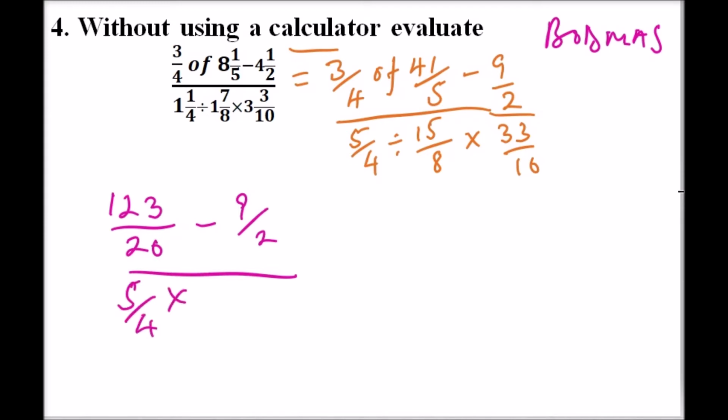You multiply because of division, so we have 8 divided by 15, and you multiply by 33 divided by 10, which we can simplify here. We can divide by 4: 1, and by 4: 2. Then you can divide by 5: here is 1, by 5 it is 3. You divide by 3: it is 1, by 3 you get 11, and you divide this by 2, you get 5.